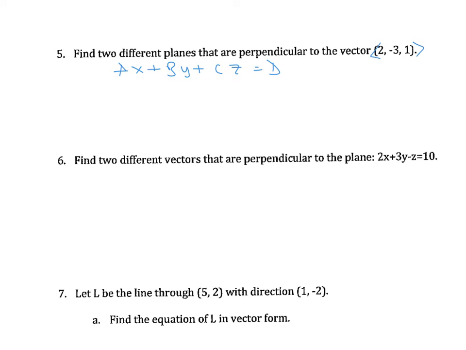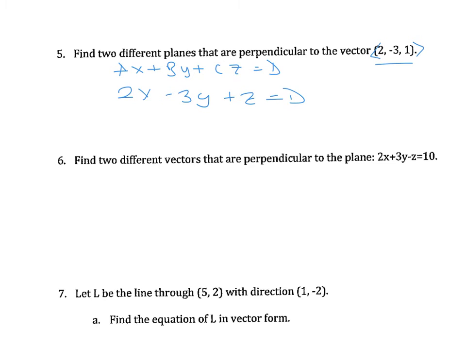And it turned out in our classwork when we looked at this, a perpendicular plane is one where you take the components of the vector and you drop them in as the coefficients of the plane equation, which is really convenient. So, for example, 2x minus 3y plus z equals d.